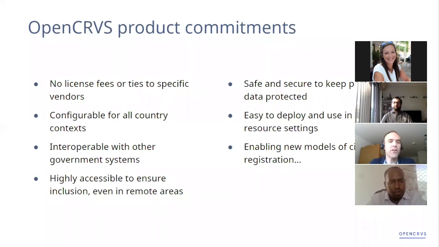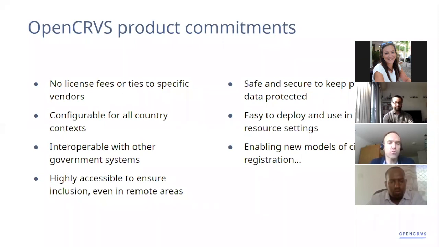We understood the variability of different country contexts for civil registration, so we wanted to make a configurable product that would fit the needs of all country contexts. We also understood that civil registration should not be seen in isolation. It works together with other government systems. So we wanted to create a product which would be interoperable with other government systems and interoperable in an easy and open way.